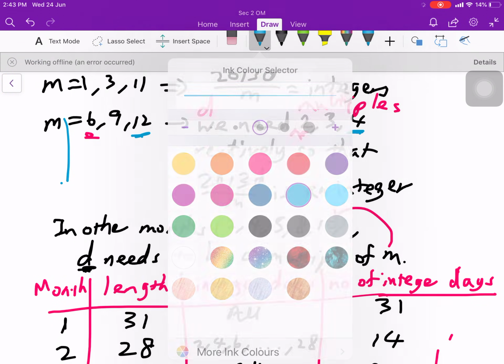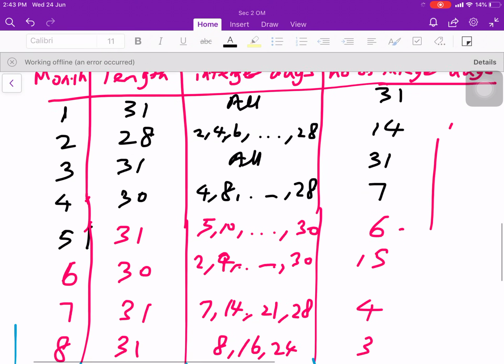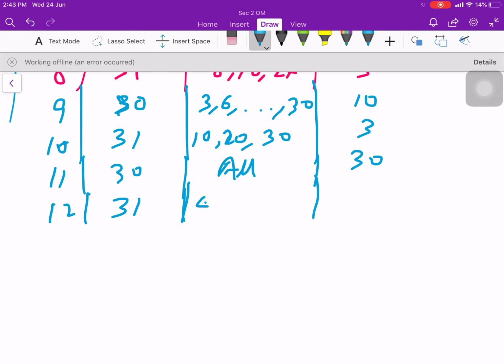Therefore, with multiples of 4, this will be 4, 8, and then you go all the way to 28. Therefore, you get 7. Then you add up all this total, you get 161 days. 161 days are integer days.